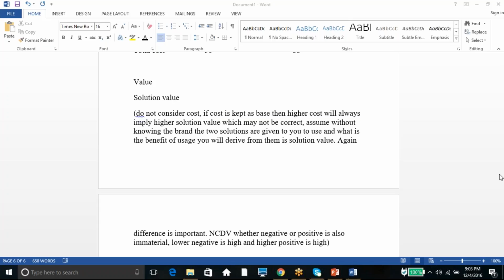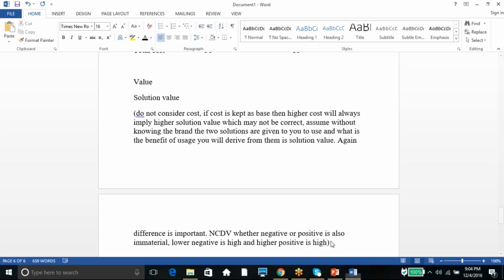Now, assuming you get to use both Amul and Mother Dairy milk separately, you don't know which is which, and after using them, you give them a value.